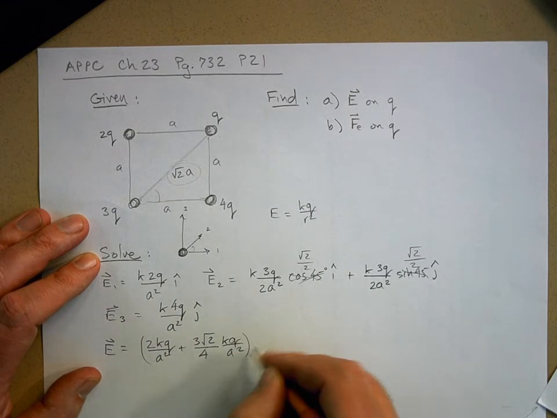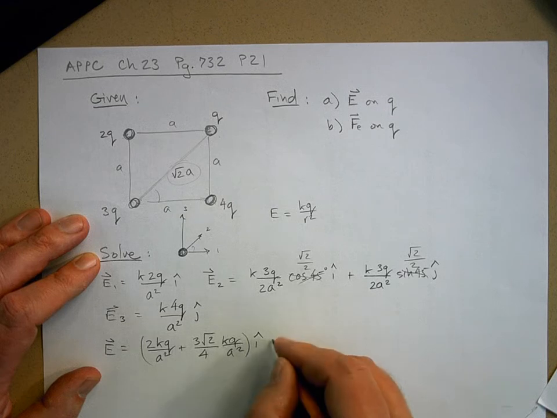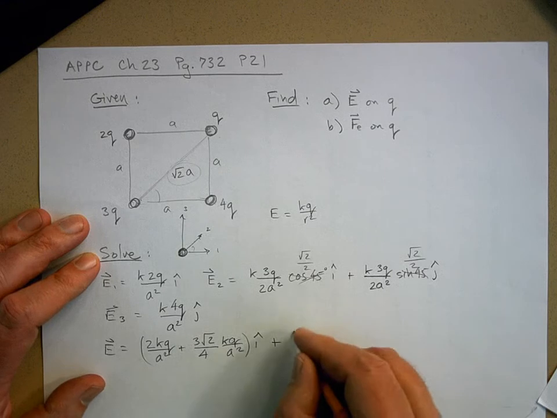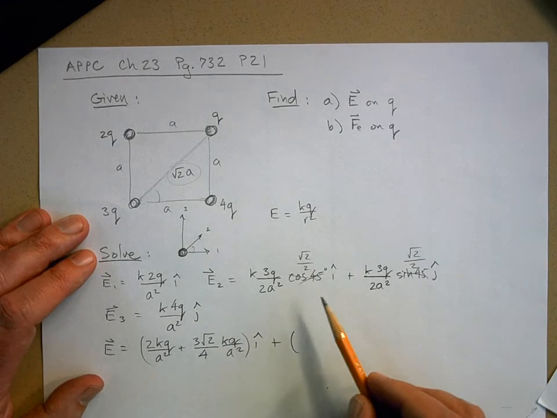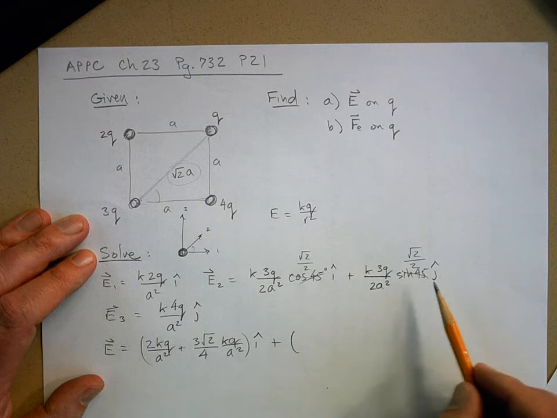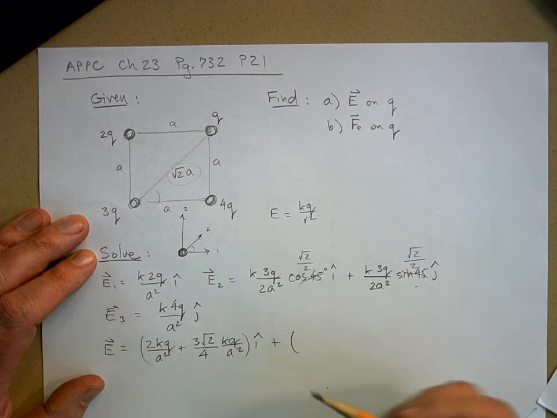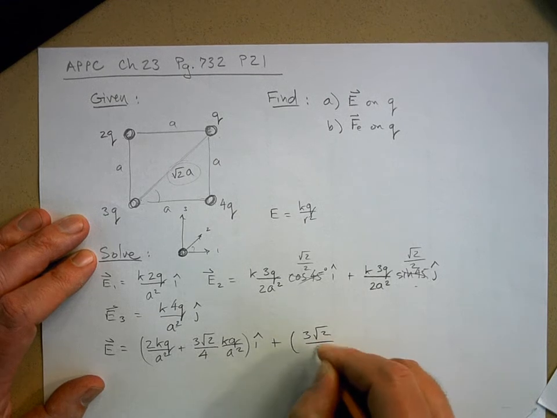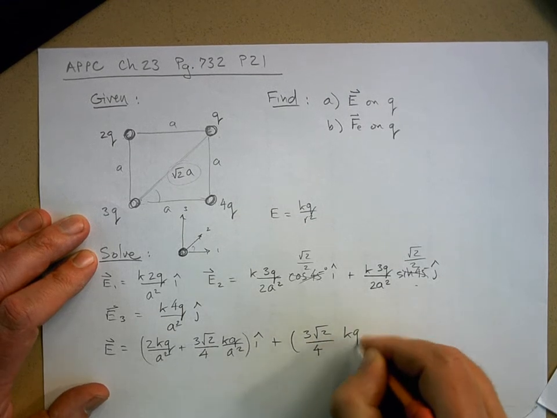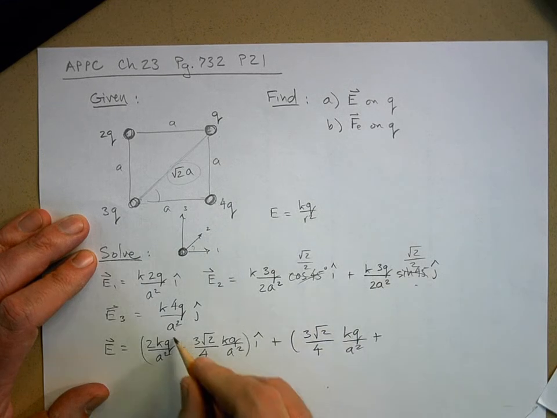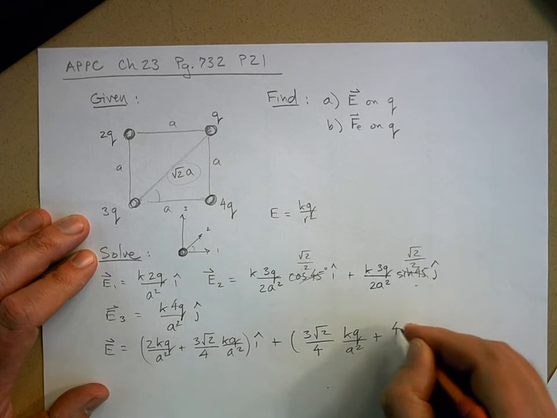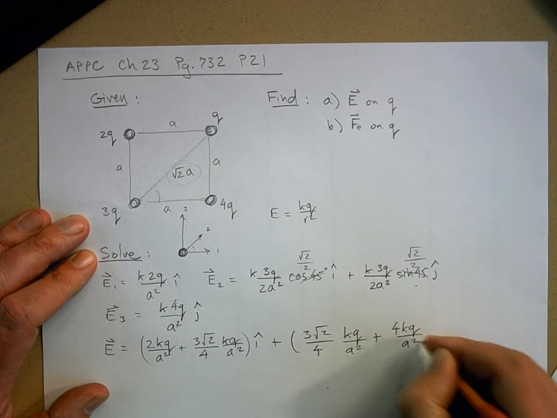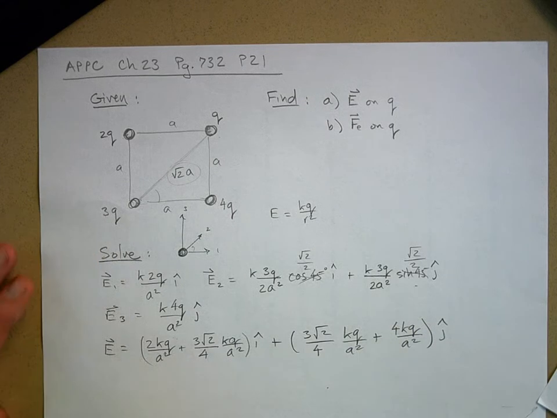And that's all in the I hat direction. And then this is going to be plus, and in the j hat direction you end up with this plus this, and you get 3 root 2 over 4. This is really tedious, I'm sorry. Kq over a squared plus this guy, 4 kq over a squared. And that's all in the j hat direction.